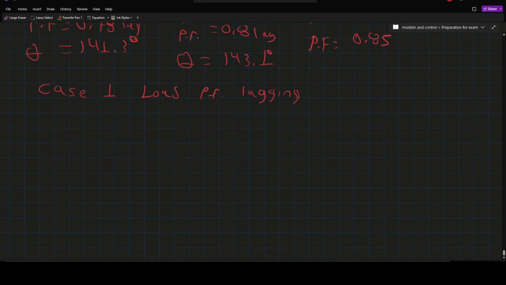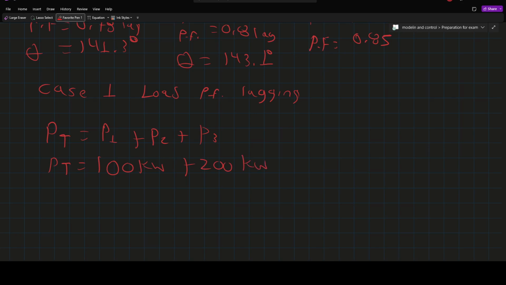Okay, so the total power in the bus is going to be the power in 1 plus the power in 2 plus the power in 3. So the total real power is just going to be 100 kilowatts plus 200 kilowatts plus 150 kilowatts.